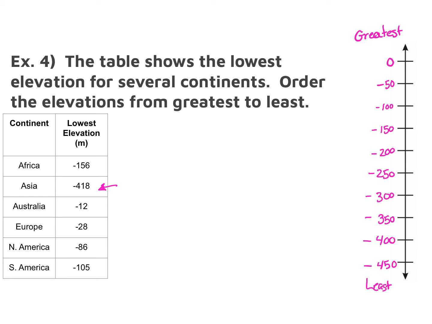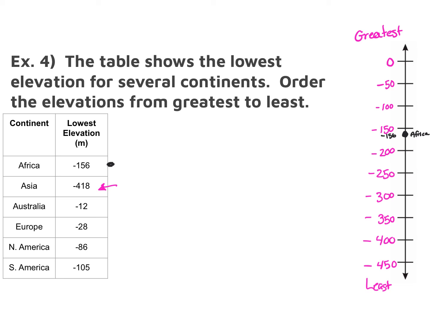Let's start with Africa. Africa, I'll graph in black. I have a -156, which is about right here. We can write Africa if you want to, and then -156.